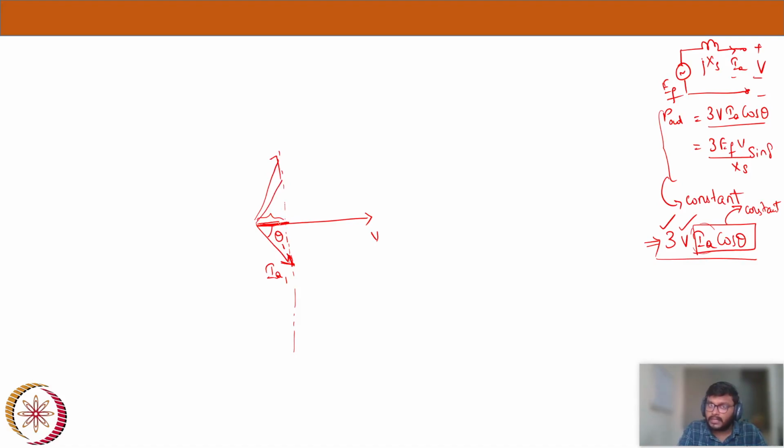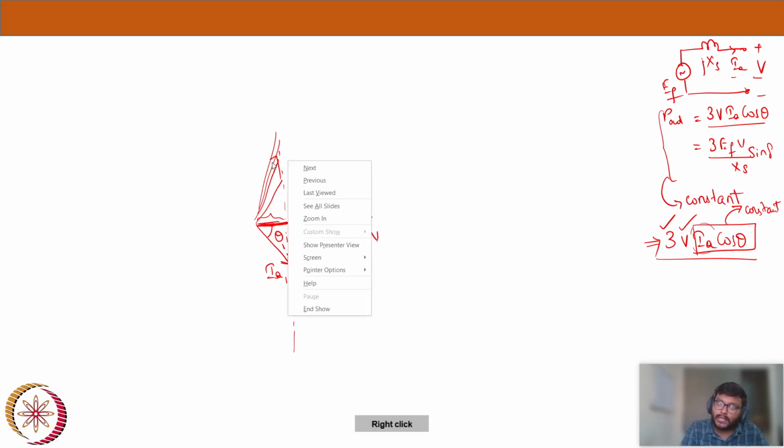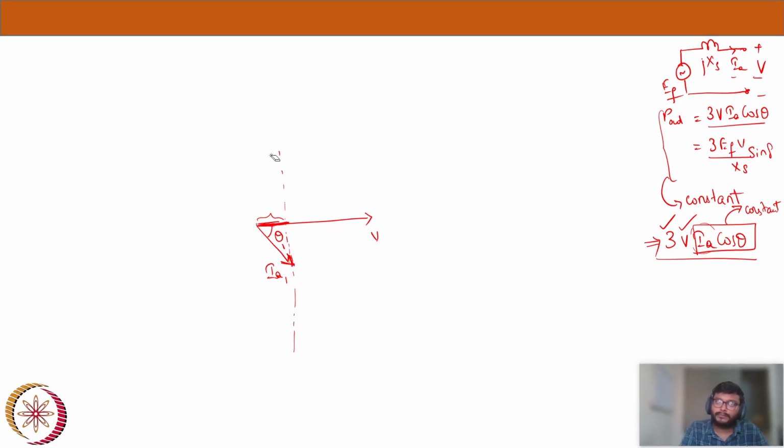Whatever IA might be, IA cos theta will be this only. So you are bound to keep IA cos theta constant. So this dotted line which I have drawn is the locus of IA.